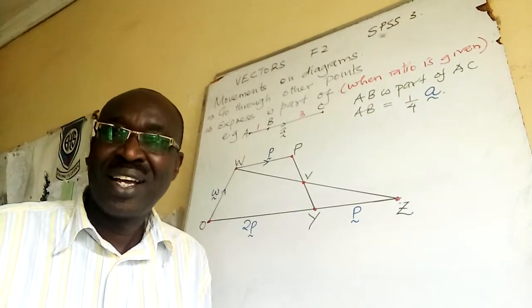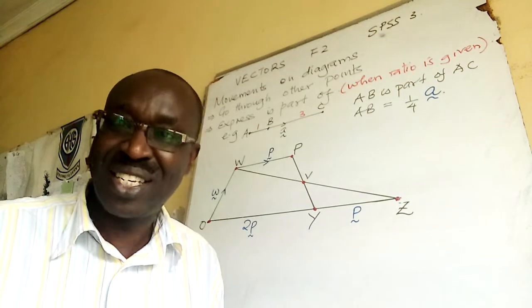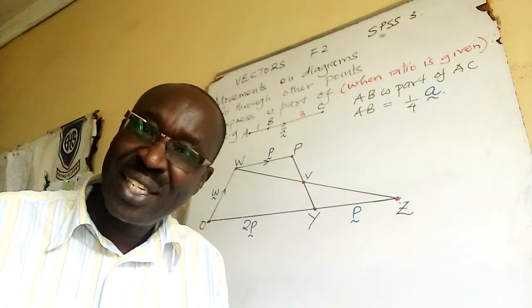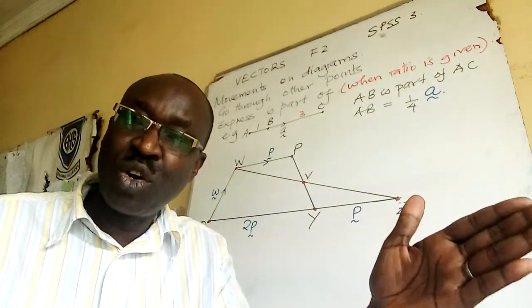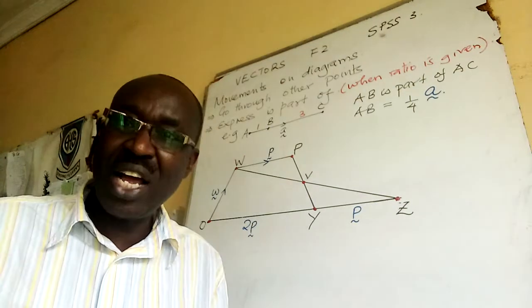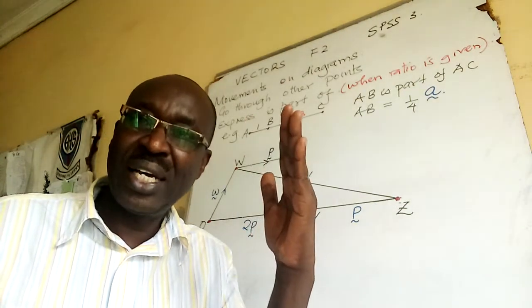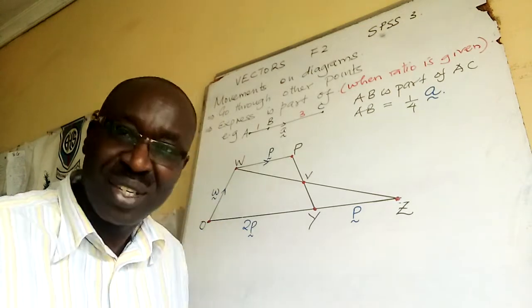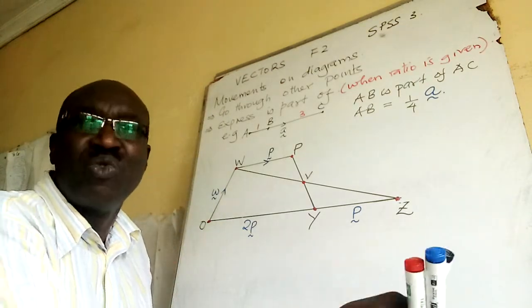I may call them towns. From Alliance to Nairobi, Nairobi to Thika, or from Alliance to Nairobi, Nairobi to Machakos. Those kinds of movements.